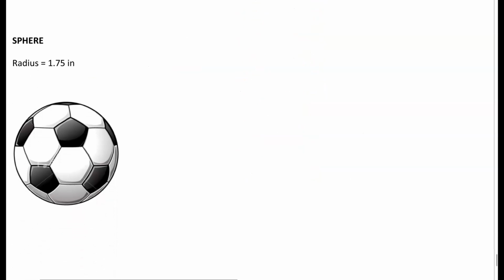And our last shape we're going to be looking at today is a sphere, which is a formula of volume equals 4 times pi times r, and it's cubed, all divided by 3. So to use this formula, all that we need to know is our radius, which in this situation is 1.75 inches.